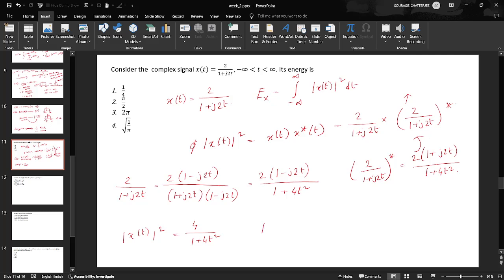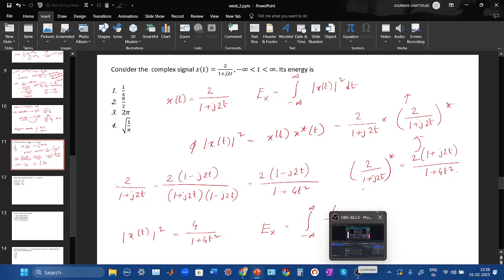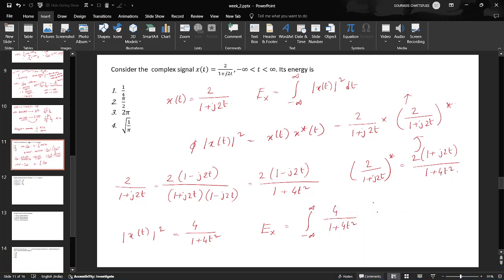Okay, next you have to compute the integral here, minus infinity to infinity 4 over 1 plus 4t square dt.